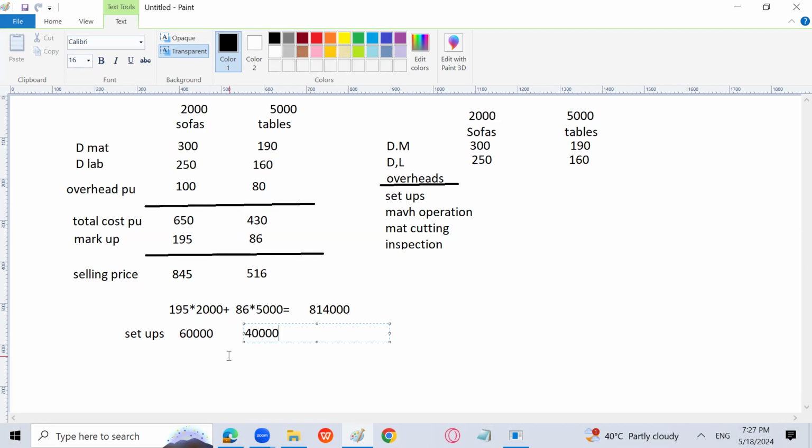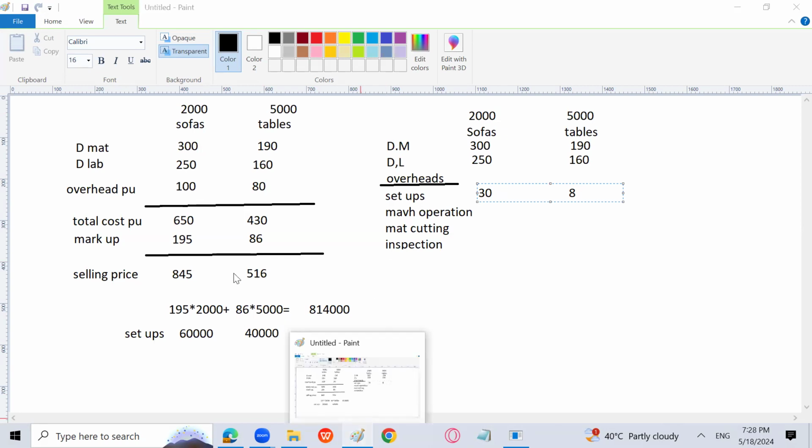So you have to convert this overhead of setups into per unit cost. So you need to find setup cost per unit. 60,000 divided by 2,000, you will find the setup cost per unit, and that is going to be 30. Same is the case with tables. 40,000 divided by 5,000, that is 8. So that's done.